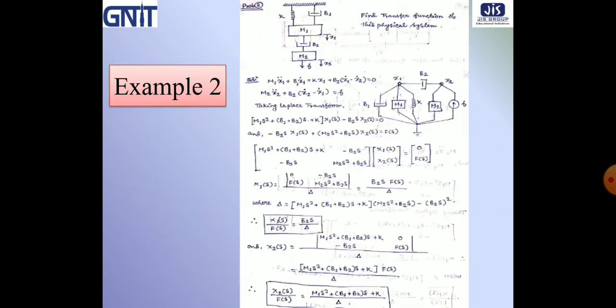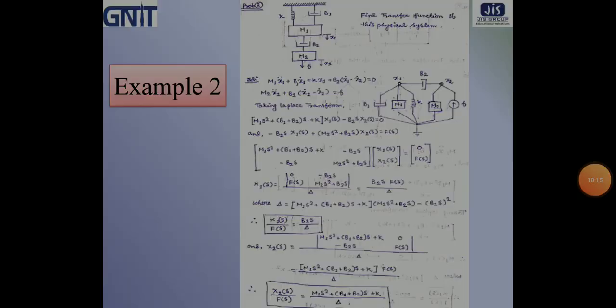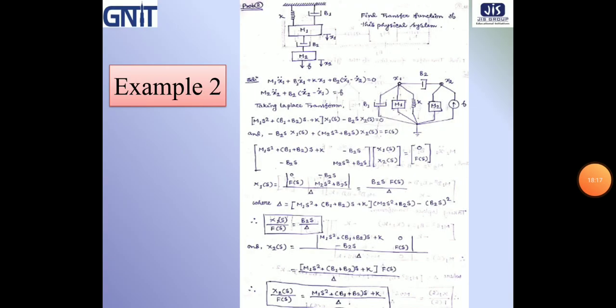So moving to our next problem. There was another example. In our next classes we will discuss some more problems and rotational systems, force due to rotational systems, and some more examples on rotational systems.